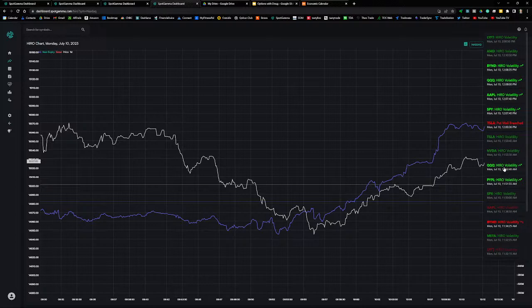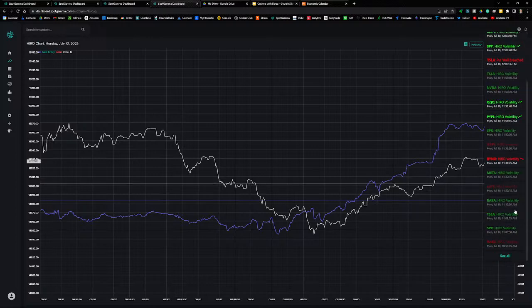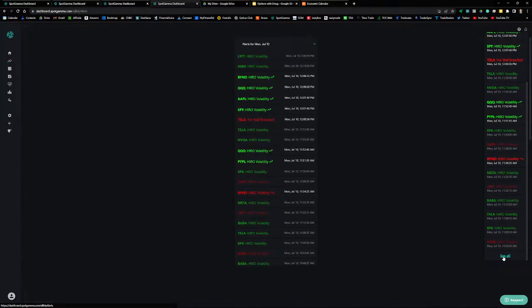All SpotGamma does is provide these alerts, and then the way I approach this, I'm going to look at order flow and hedging flow to determine if that is appropriate. Now I tend to watch just the S&P 500 and Nasdaq closely, and then use these alerts for additional information for stocks.